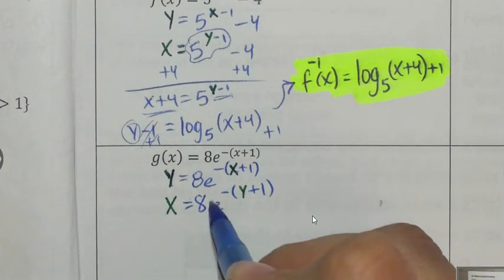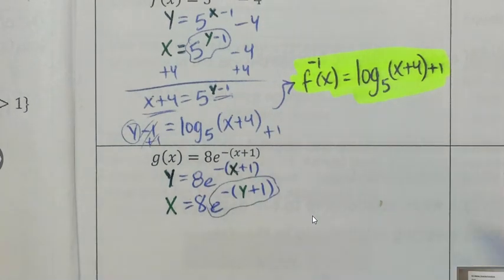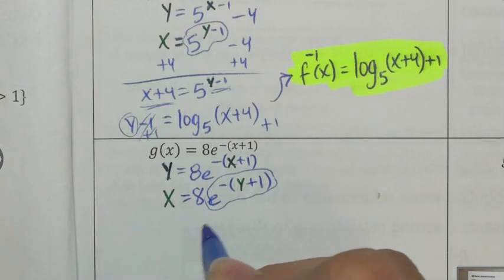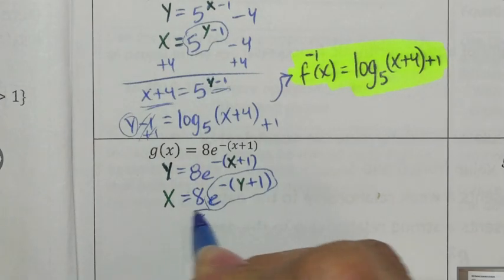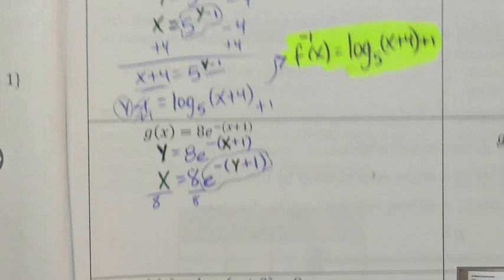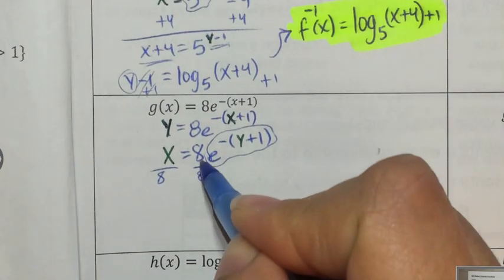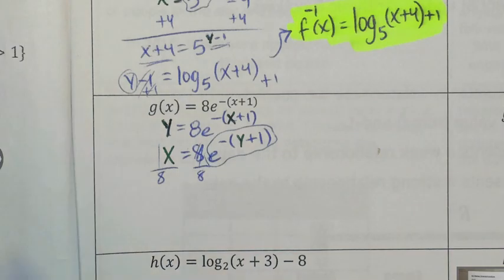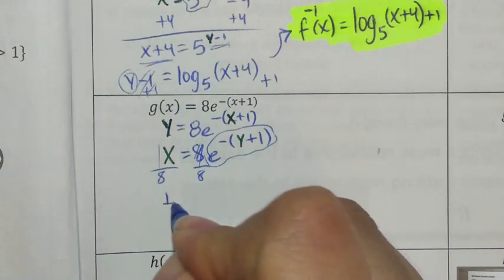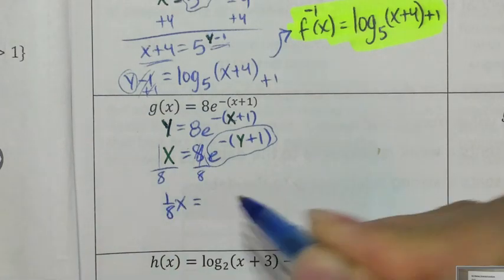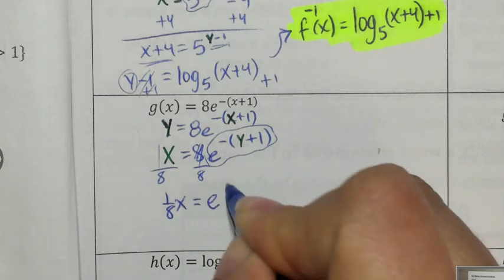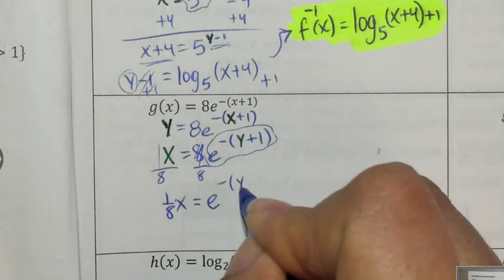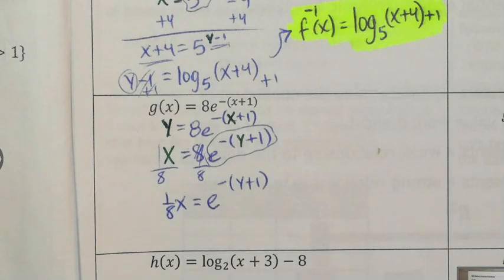And then we want to isolate this part. So we want to get rid of the 8 in the front by dividing by 8. Okay, so then now we're going to have, this is a 1 in the front if there's no number, so this is technically a 1/8 x equals e to the negative y plus 1.